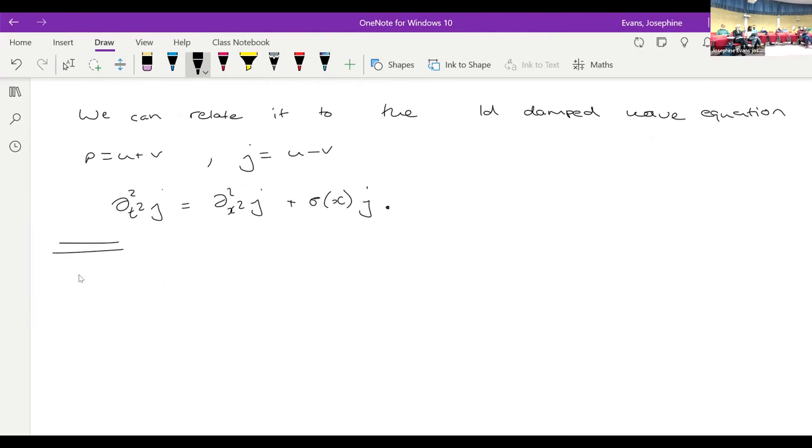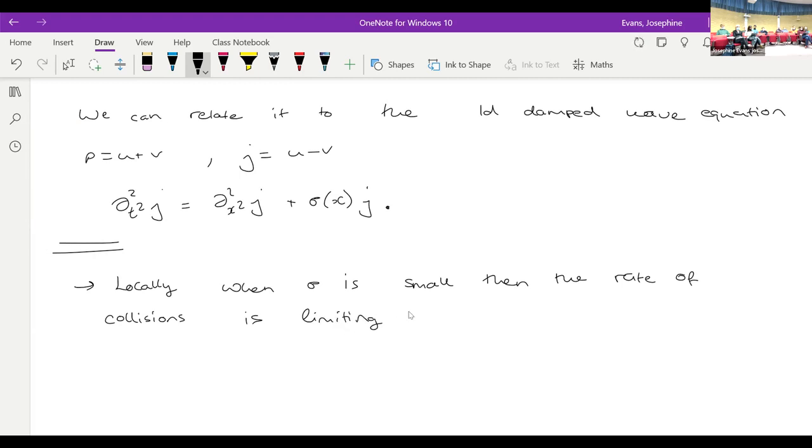Okay, so what kind of behavior do we expect? Like locally, when sigma is small, then the rate of collisions is limiting the total rate of convergence to equilibrium.